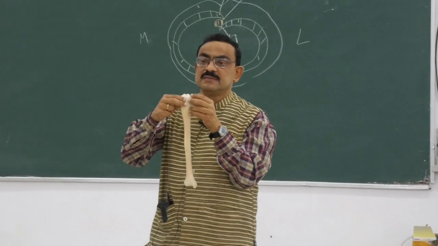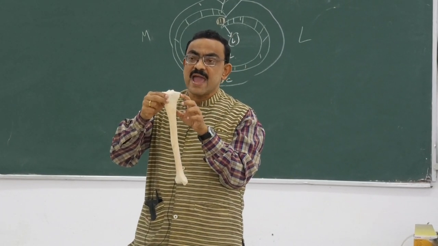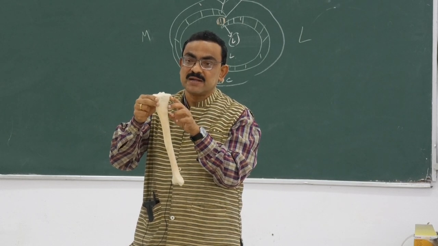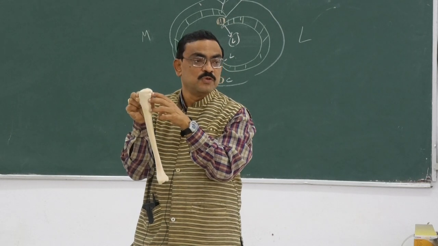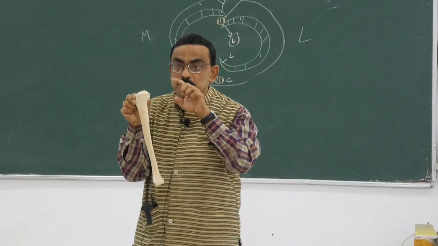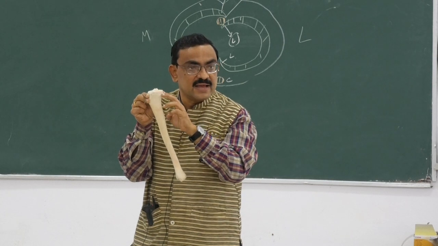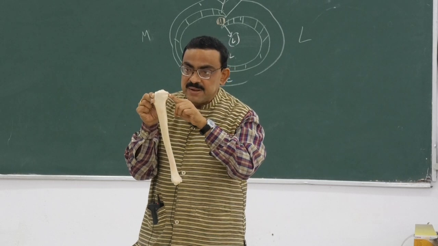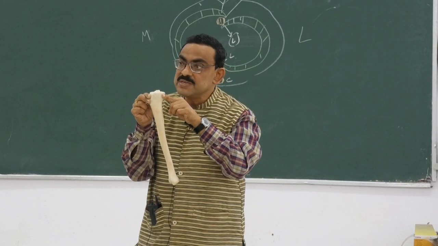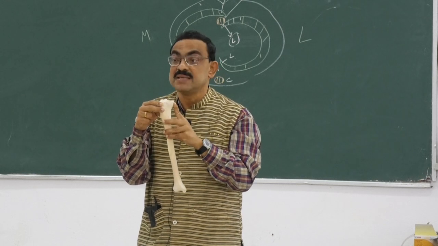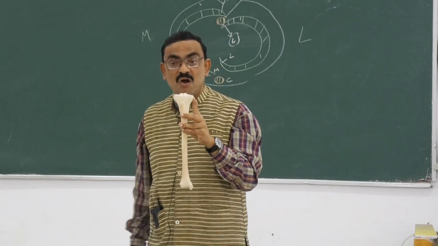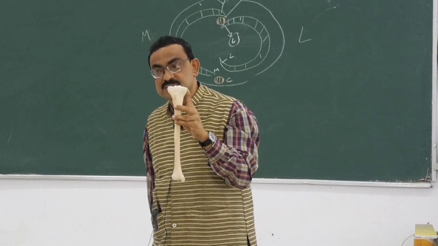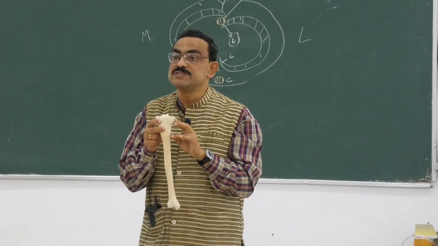In the upper end, if we see at the medial part and also in the posterior part, there is a groove. Groove means a sulcus-like area, a depression. This groove is for attachment of one muscle of the thigh, one of the members of the hamstring muscles, that is the semimembranosus.